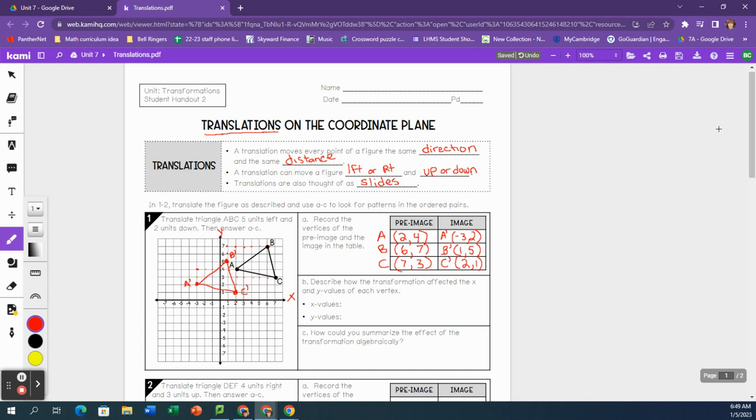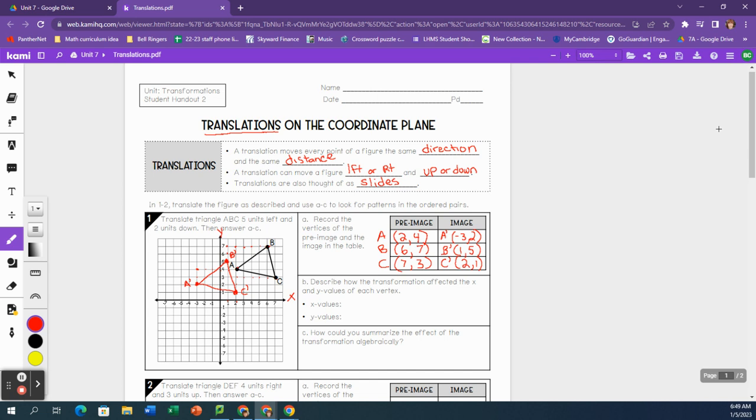Okay, describe how the transformation affected the X and Y values of each vertices. Okay, so the X, this right here, the X, it went this direction.